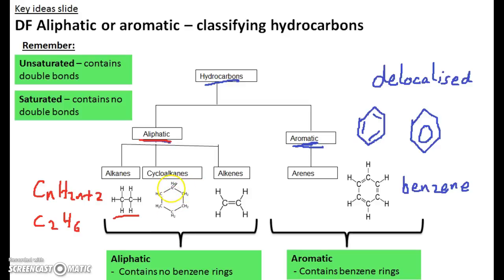Even though it's got a cyclic structure, it's got no delocalized electrons in there, and no benzene rings, so this is also an aliphatic structure. Alkenes you will have heard of in your GCSE, and you'll recognise the carbon-carbon double bond. So this is an aliphatic hydrocarbon because there are no benzene rings.